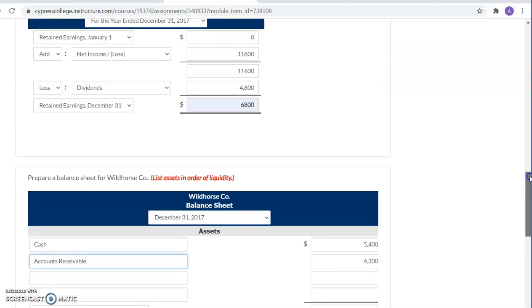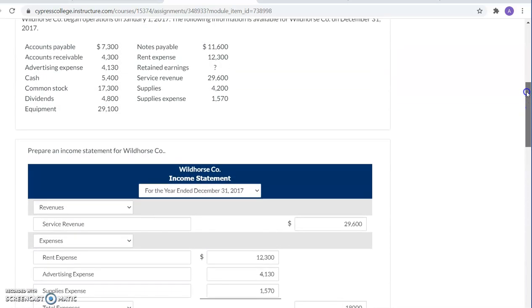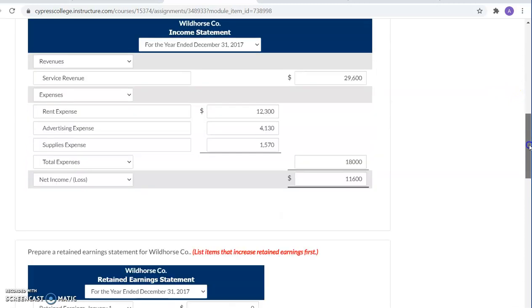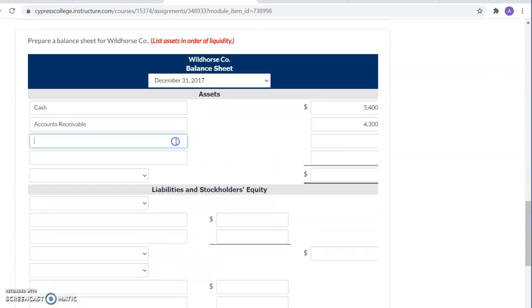accounts receivable. Then I'm going to look at my accounts, and I'm going to see that this company has supplies, and those supplies are expected to be used up in less than a year. So I'm going to list my supplies next.